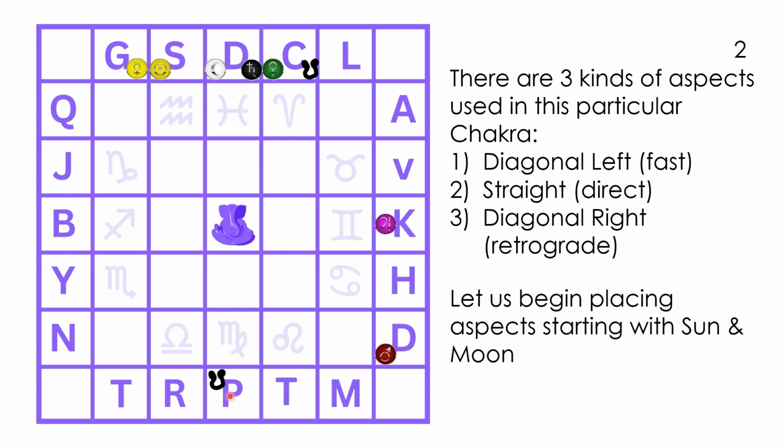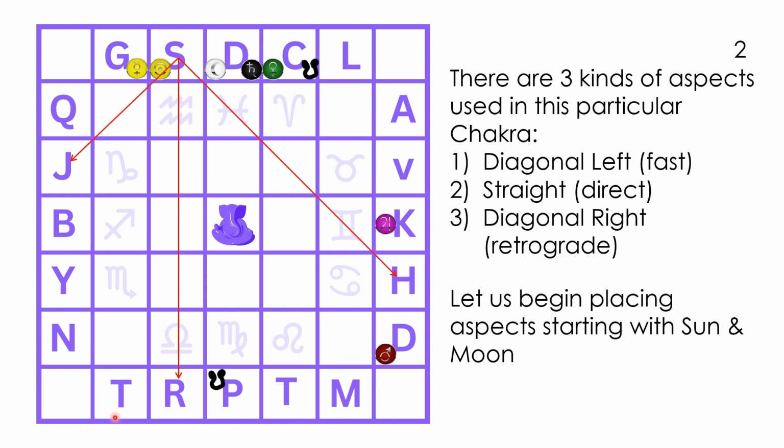So if a planet is sitting here, so this Jupiter is retrograde, it is facing the middle here. So from wherever it's facing, its right direction is here. So Jupiter is aspecting in this direction. Okay, and that is a retrograde aspect. So let us begin placing aspects, starting with Sun and the Moon.